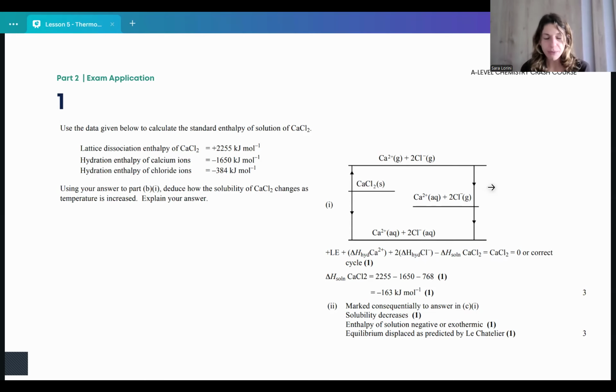Now, when we think about changes in temperature and enthalpy, of course, we have to think about equilibrium. Think very carefully, because here for the 3 marks, we have solubility decreases. Why? Because of the equilibrium shift. Here you always need to think about Le Chatelier's principle.